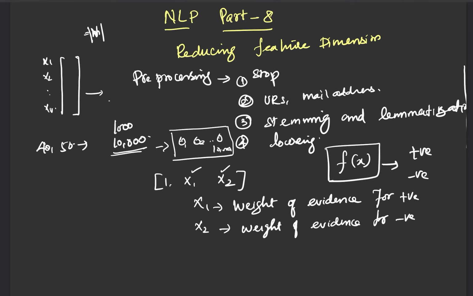So, now we have only three features: two features and the bias term. When we feed all this information into our model, we need to train only theta 1 comma theta 2. So, we can easily apply our gradient descent algorithm to tune this theta 1 and theta 2.